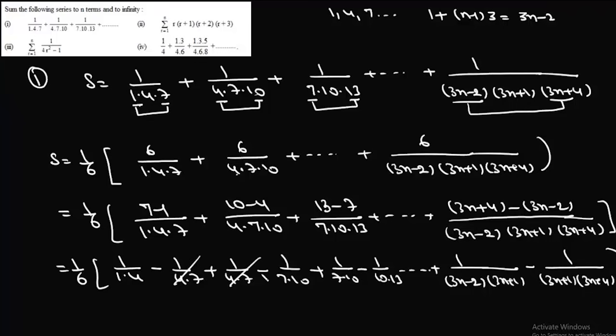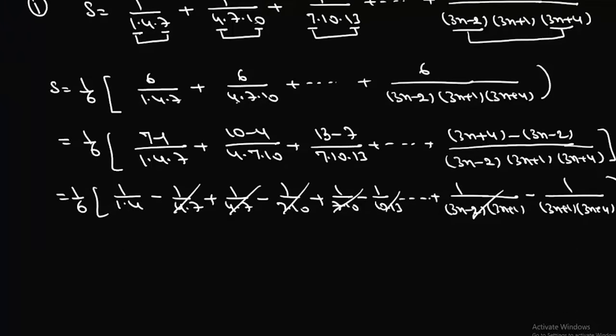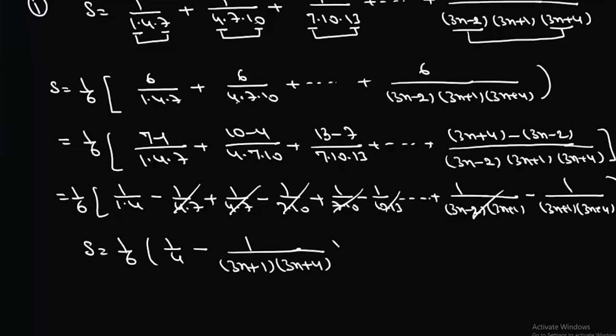Now if we look at these successive terms, they'll cancel. Now here we have this first one, then what remains is this last term. So this sum will be 1 by 6 into [1 by 4 minus 1 upon (3n plus 1)(3n plus 4)], and that is the sum up to n terms.